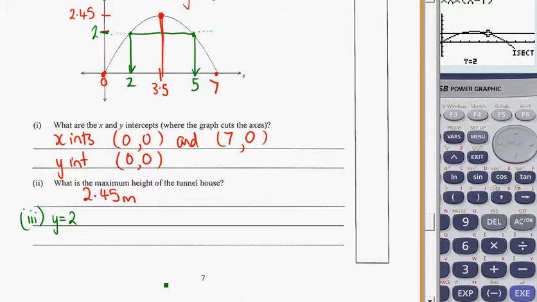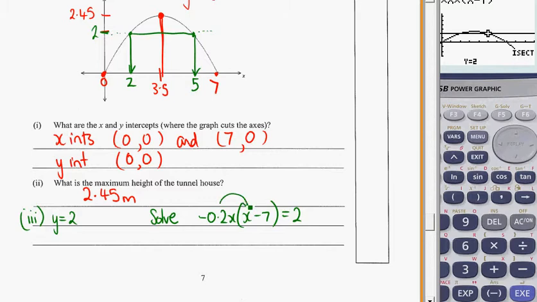But doing it with some algebra, you might want us to, it says to show all working in any equations that you solve. We want to solve and find out where this equation, which is the equation negative 0.2x times x minus 7, equals 2, where it has a height of 2 for which x values.